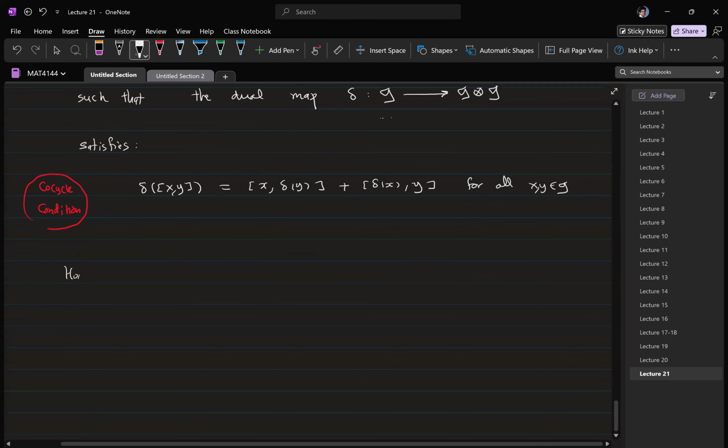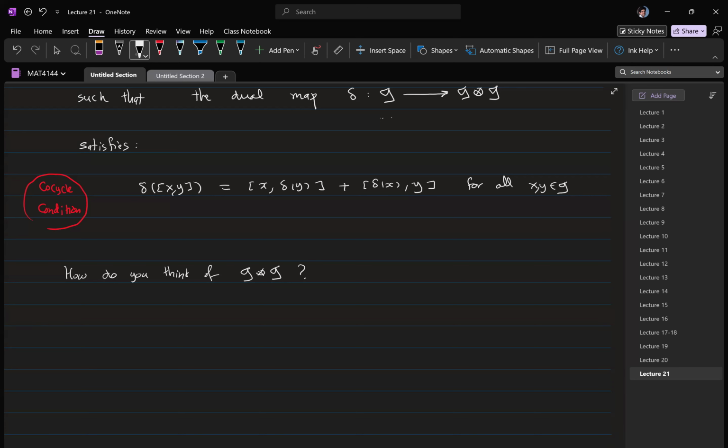So here's the question: what's your favorite way of thinking about it? You take a basis of G, and then you put together a basis element of G with a basis element of G, and any linear combination of those. That's right.